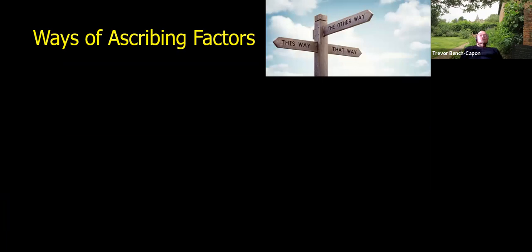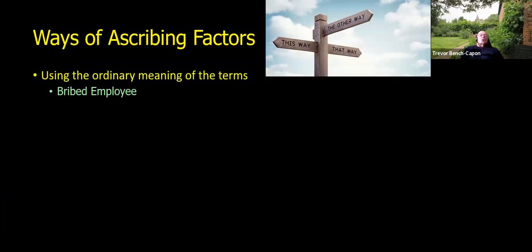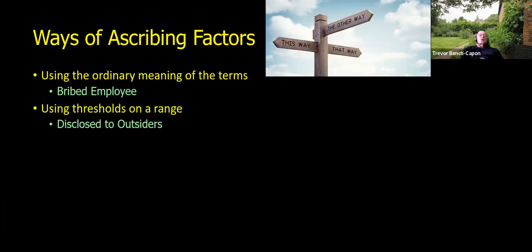So, how do we apply factors? There's a variety of ways. Some of them, like bribes employed, we can simply use the ordinary meaning of the term. Some of them, like disclosures to outsiders, we use the switching point as a threshold on a range.